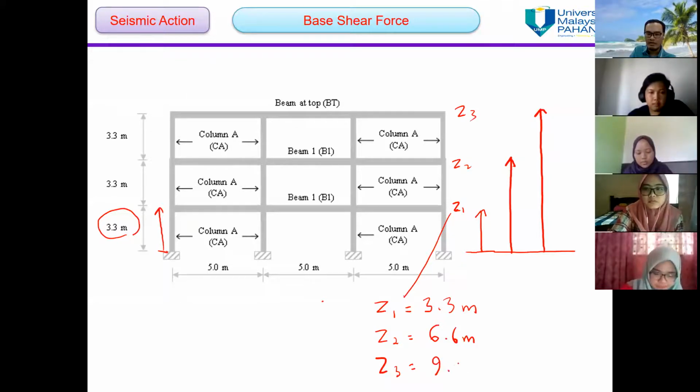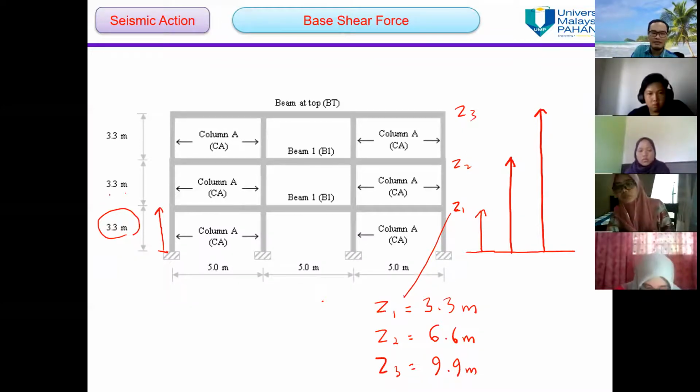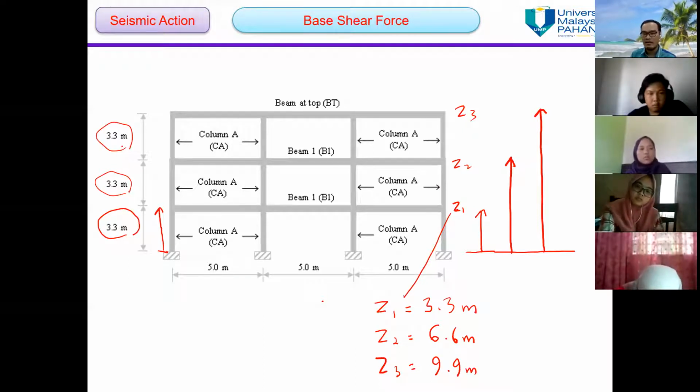Okay, good. It's 9.9 meters. Okay, students always make mistakes in this one. They make Z2 also 3.3, Z3 also 3.3. It's not like that. It is a cumulative height from the rigid basement here. So make sure you do it rightly.